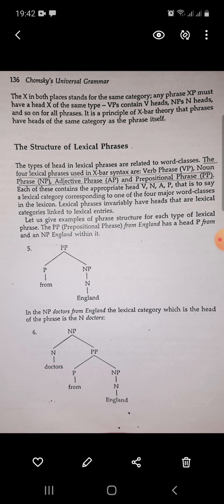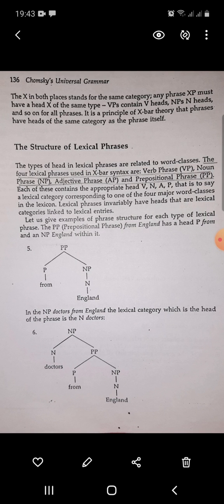From England: from is the preposition, and the next constituent is a noun phrase. In the noun phrase, we have the category noun. Only a noun we have got, and that noun is England. So at the end we got just from and England, which cannot be divided further into constituents.